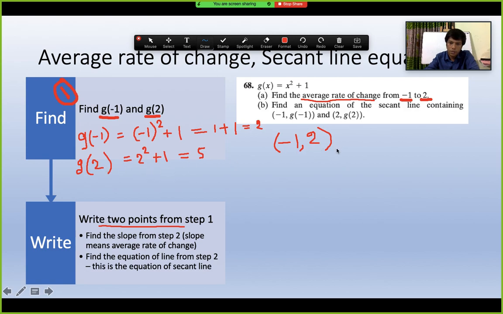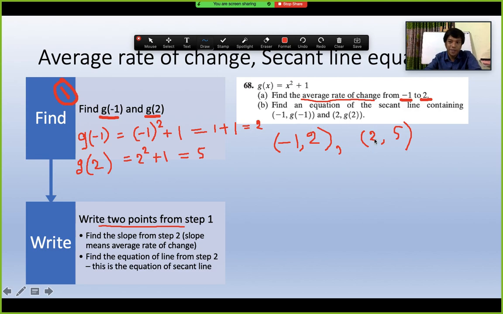Similarly, if x value is 2, y value is 5. Y value means the value of the entire function. You know, g of x means y. F of x, g of x, it means y.